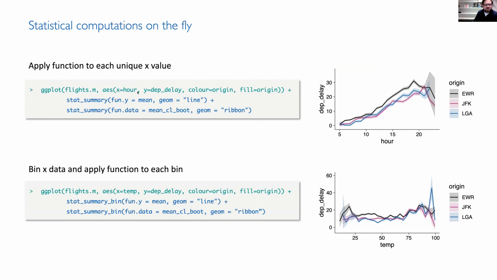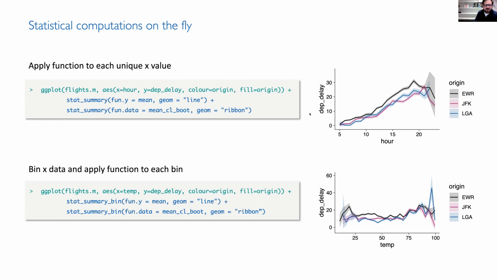For each of these combinations, because on the left we take the raw data, we have many different values, many different flights. We can then take a statistical summary function from ggplot, tell this function to calculate the mean, and use the geometry of a line to do the computation for us.